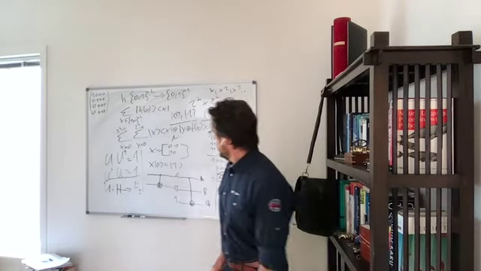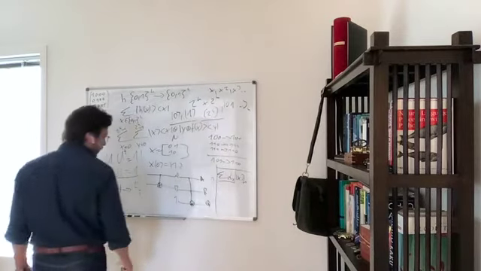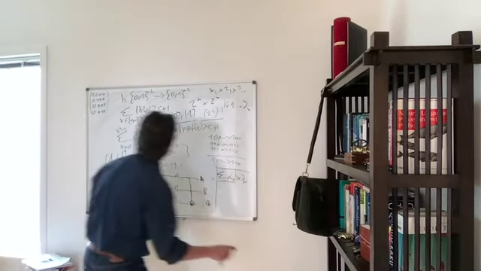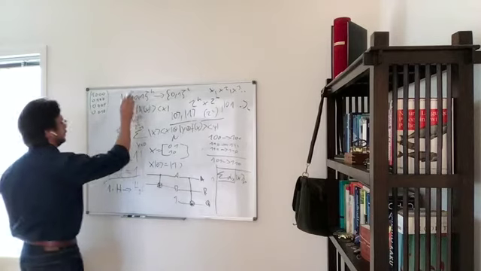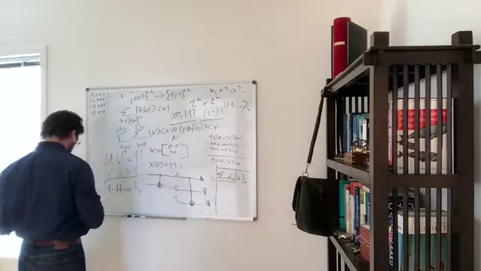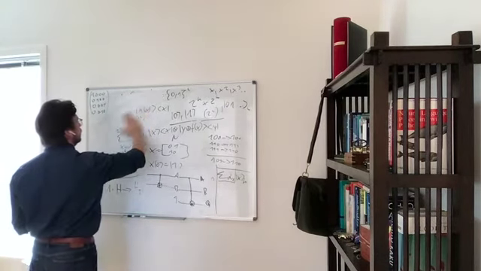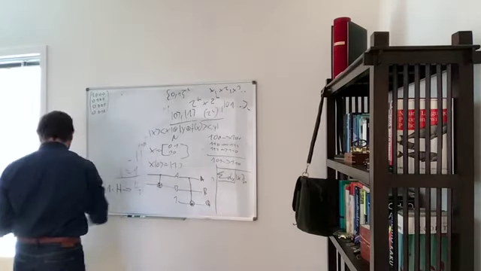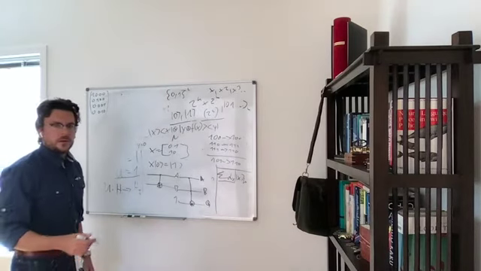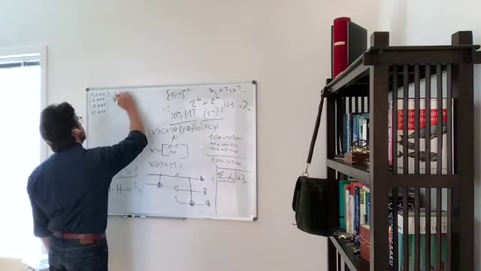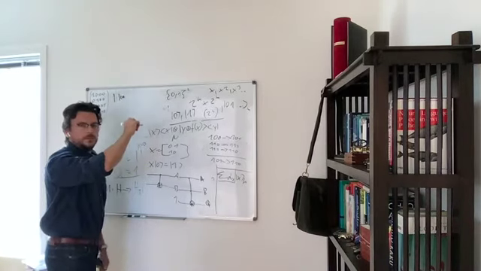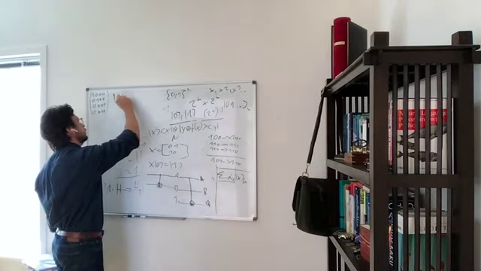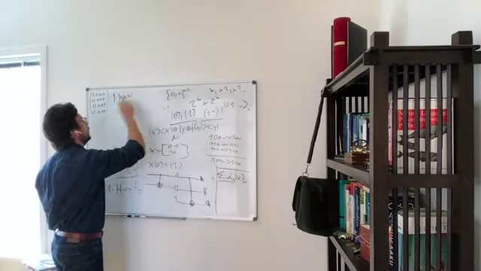Okay, maybe we want to quickly write these down as a reminder. So we have our identity transformation, which you remember can be constructed for one qubit.